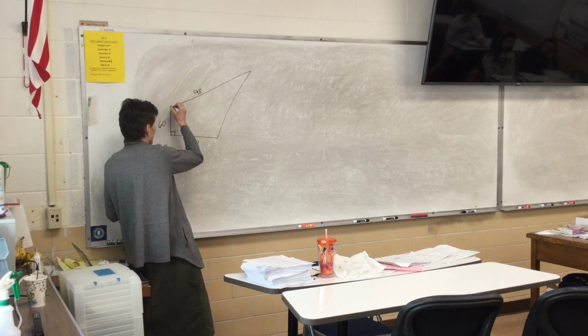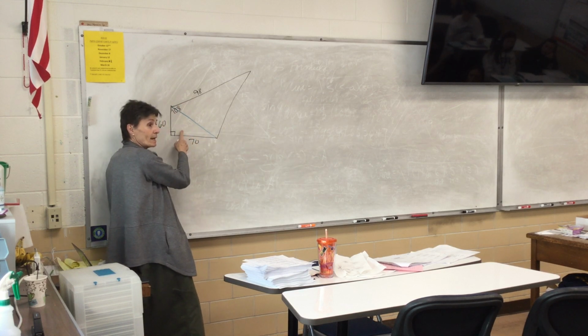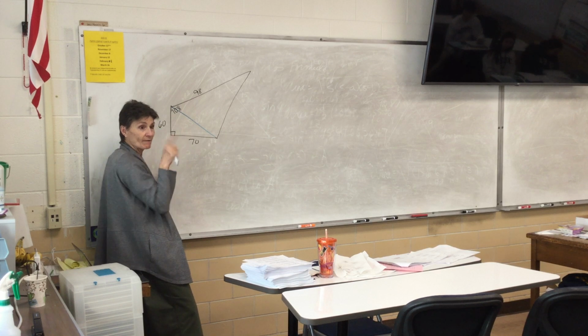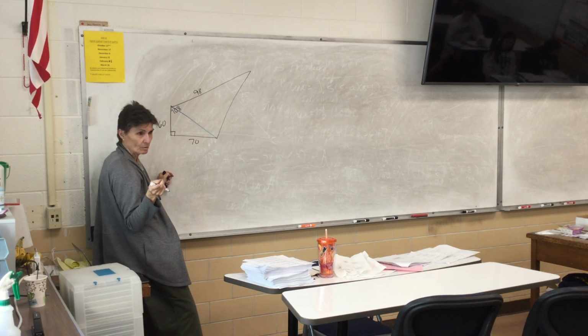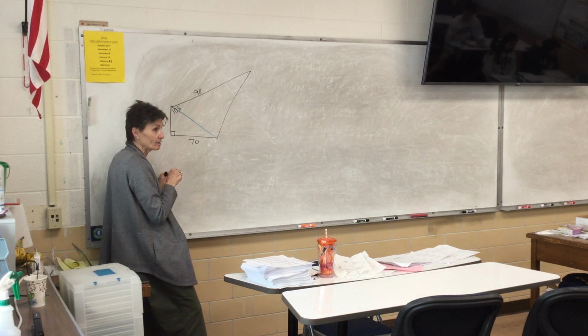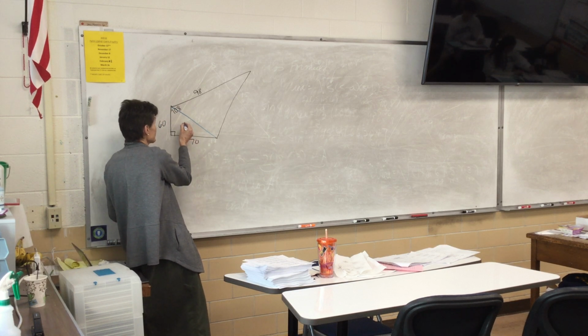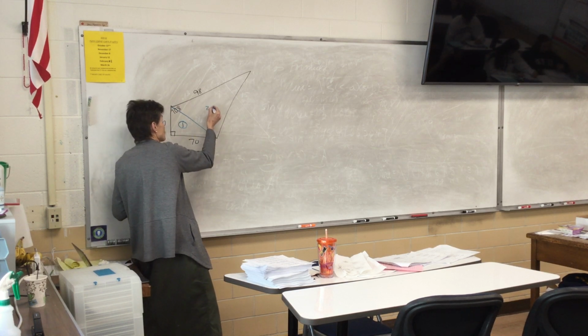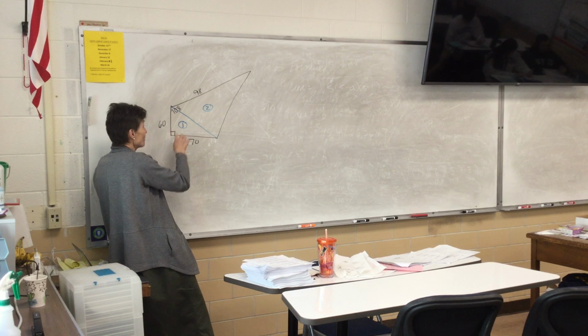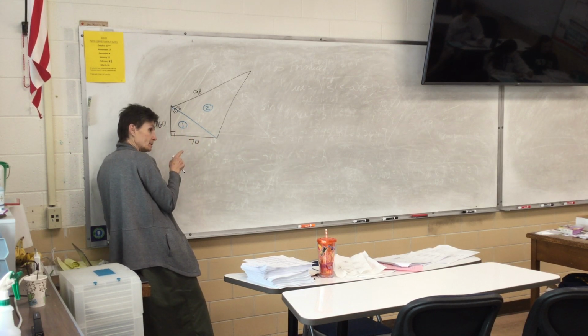The short diagonal is gonna create a right triangle, and right triangles have options that other triangles don't, like the Pythagorean theorem. So I'm gonna call this triangle 1, and this triangle 2, and the area of the whole thing is gonna be those two areas added up.